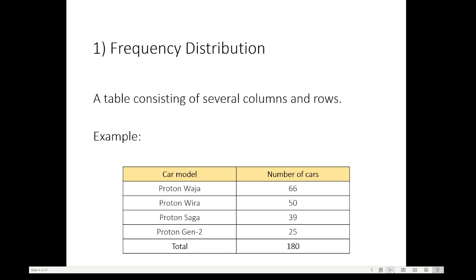And based on this frequency distribution, instead of presenting the data in the form of tables with numbers and categories, you can also present this data in the form of a graphical display. For a frequency distribution, you can display this information in 2 ways.